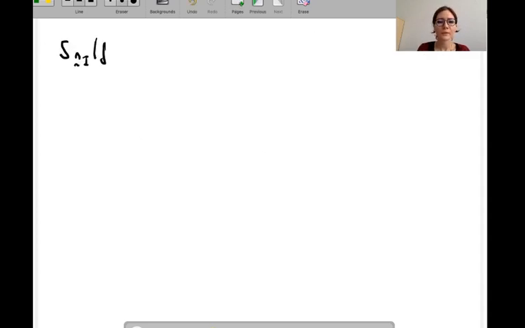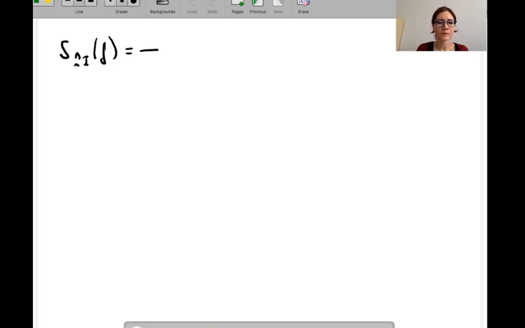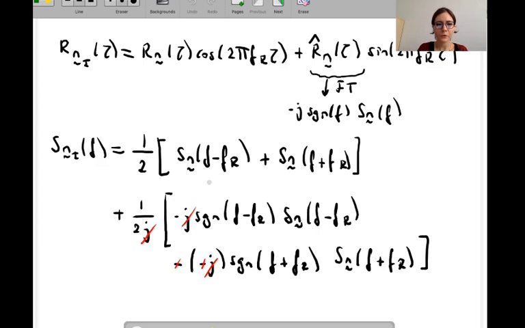So we were looking for Sni of f. So this is equal to, sorry. So let's see here. So I will just copy 1 over 2 Sn of f minus fr first. And then let's see what we can write next. So one factor comes from here, and then we have a factor of minus signum f minus fr coming from here, right?